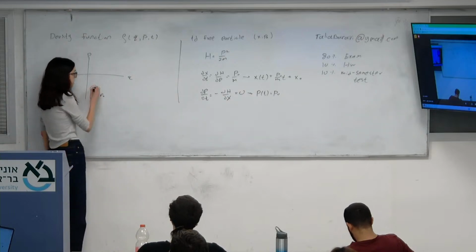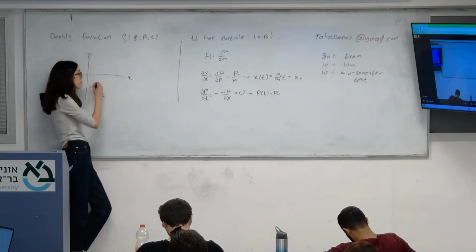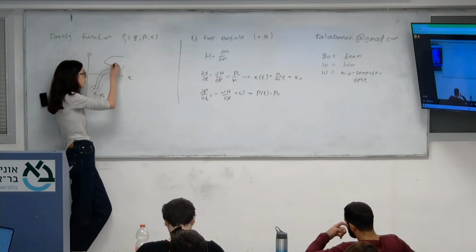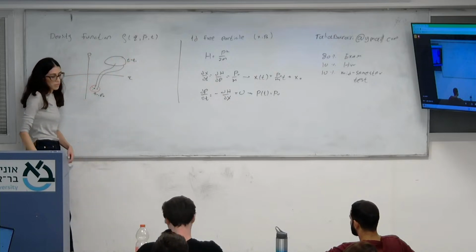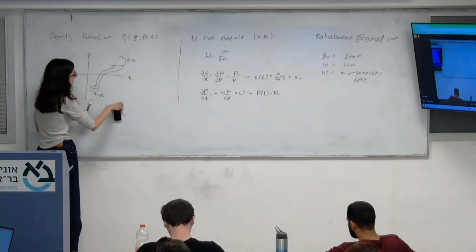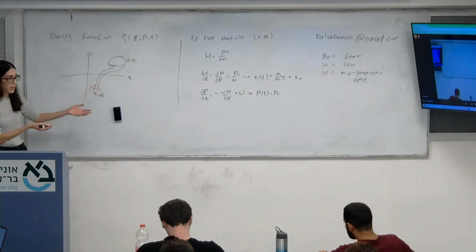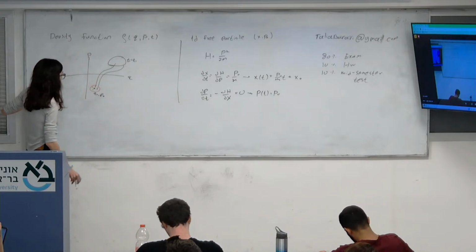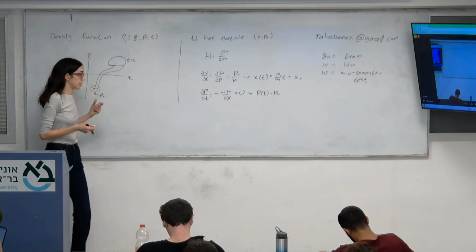Each one of those points will follow the Hamiltonian formalism, and it's going to have its unique trajectory until at some time t equals t1, this is going to give me some volume in another part of the phase space. So the density function is what describes this variable of the system.